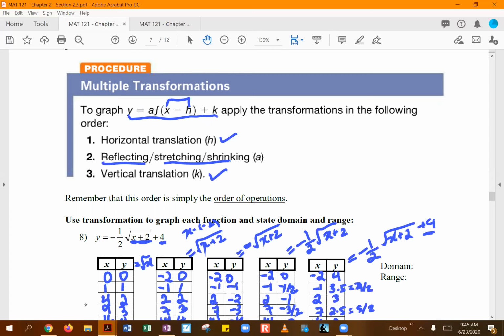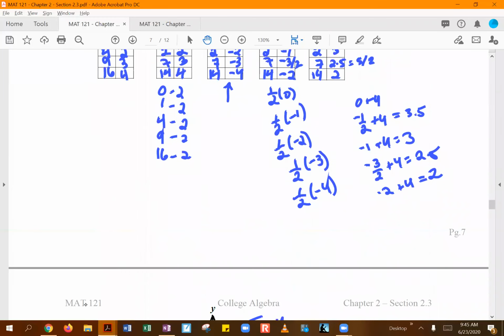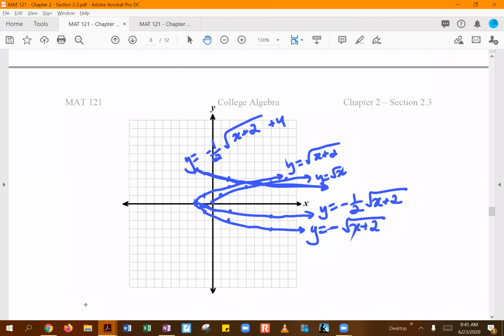And then the very last translation we do, of course, is the vertical translation. So just for the final graph itself, not the intermediate ones, what do you think the domain and range will be? Now remember, for the original function that we started out with, and we've looked at this graph multiple times, the domain and range was 0 to infinity, including 0 for both.